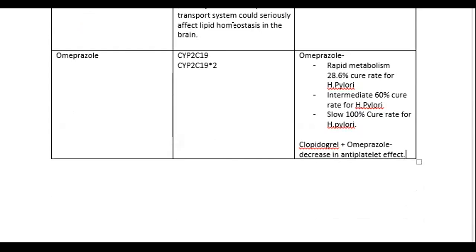If the patient has especially the CYP2C19 star 2 variant, and is given clopidogrel in combination with omeprazole, then a decrease in the antiplatelet effect is seen. As we can tell, there is a decrease in the concentration of the clopidogrel. Why is the concentration of the clopidogrel decreased? Because omeprazole increases its activity, and it's causing a constant increase in the metabolism of this clopidogrel.